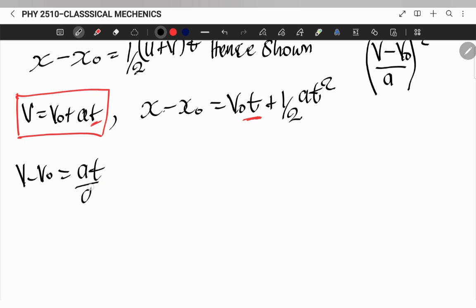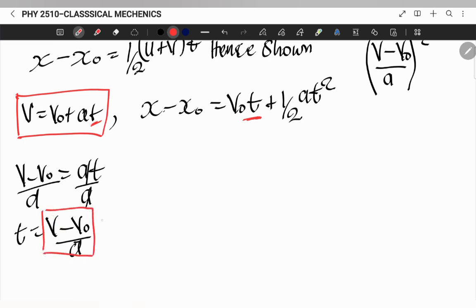If I want to remain with t, I will divide both sides by a, then t is going to be v minus v naught over a. We are going to place this expression in the second equation where there is t. So let's try now.